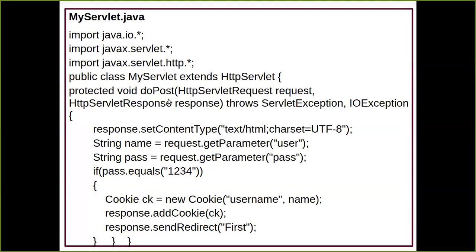I'm using the doPost and doGet methods. You have two options, and I'm going to use the doPost method. I told you why we are sticking with doPost: it allows me to send n number of data, or unlimited length of data, forward to other pages, to request and respond with the help of the doPost method.